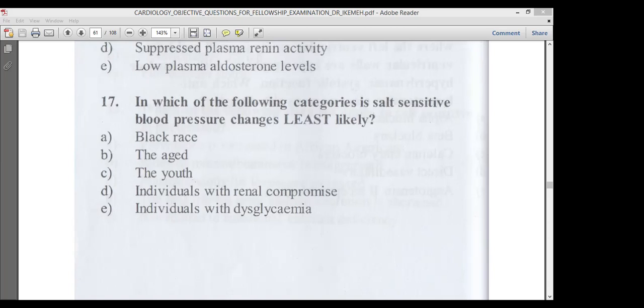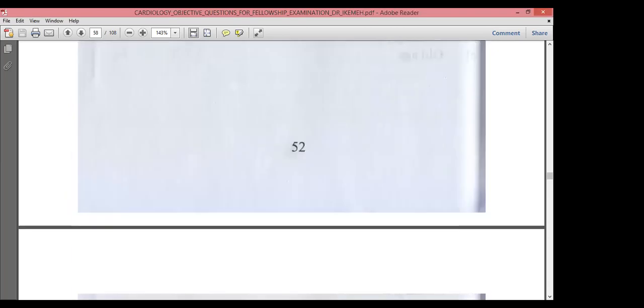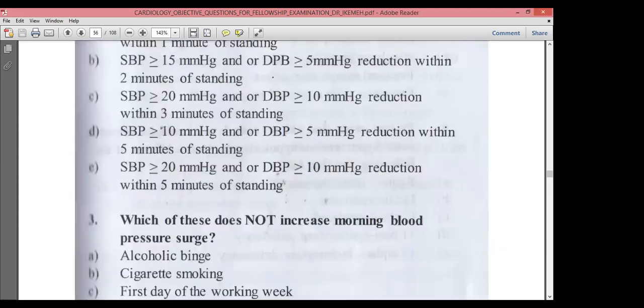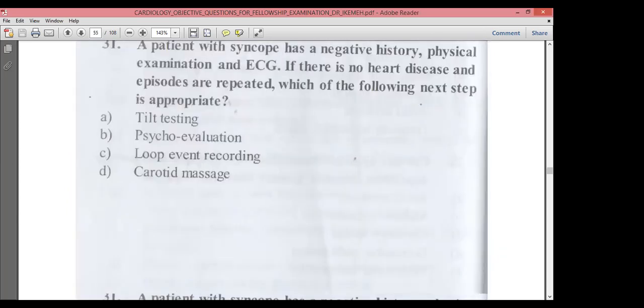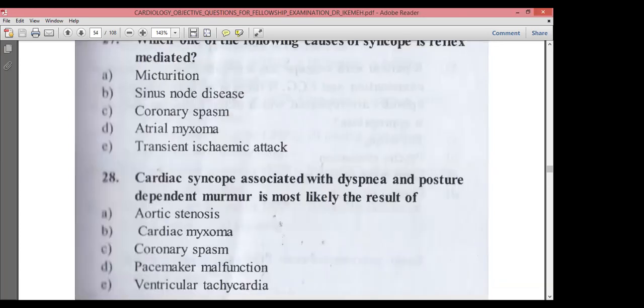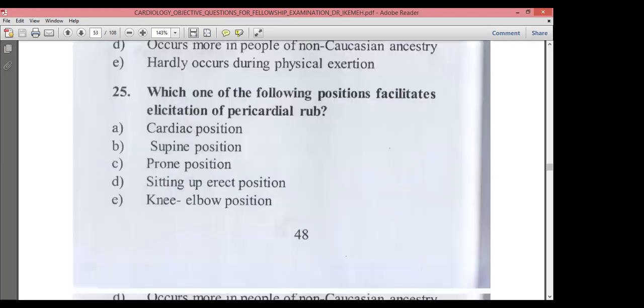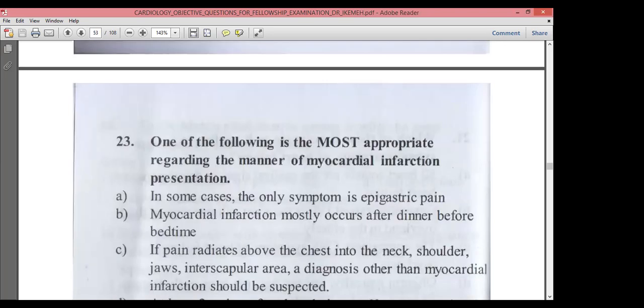Please, do you know the page? Okay, page 49. Okay, this page 49. Which number? From number 28. Okay.